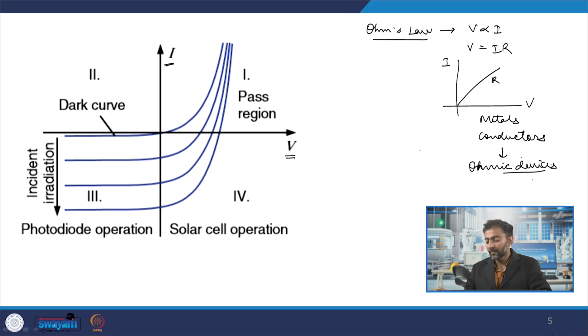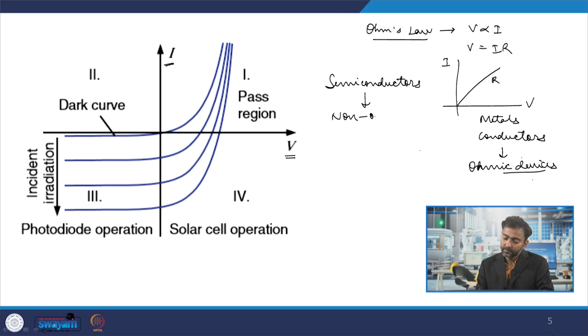So ohmic devices have this sort of behavior. However, not all materials are ohmic devices. Semiconductors, which we have been talking about in the context of solar cells, are known as non-ohmic devices.